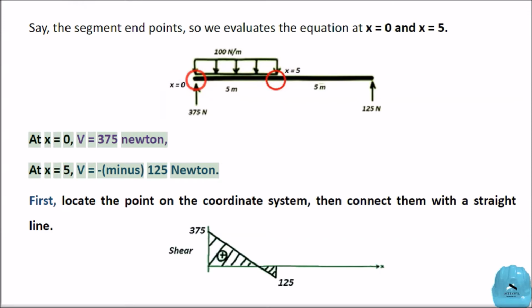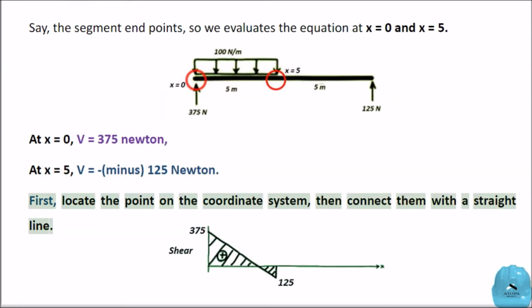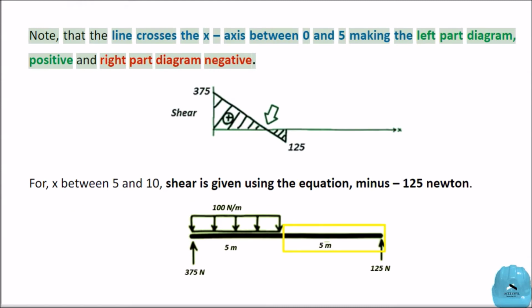At x equals 0, V equals 375 Newton, at x equals 5, V equals minus 125 Newton. First, locate the points on the coordinate system, then connect them with a straight line. Note that the line crosses the x-axis between 0 and 5, making the left part of the diagram positive and the right part negative.